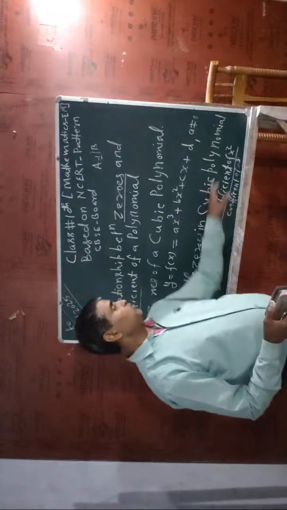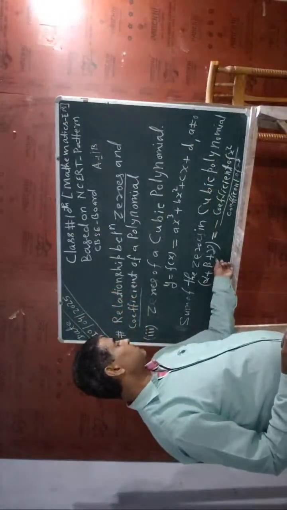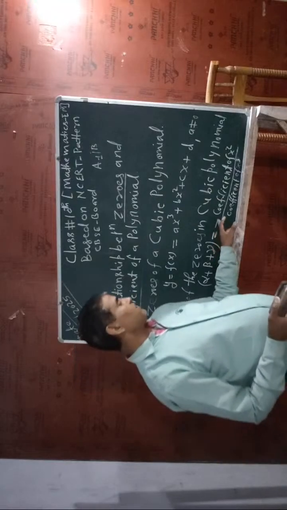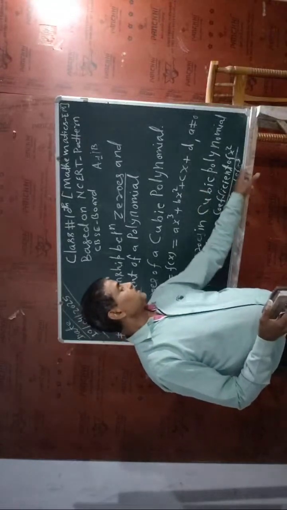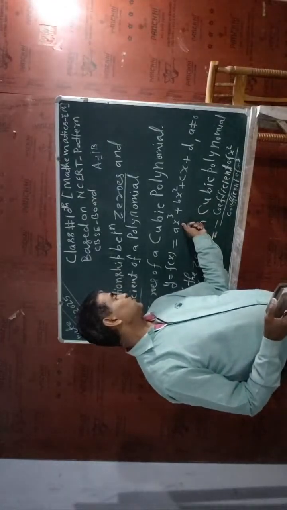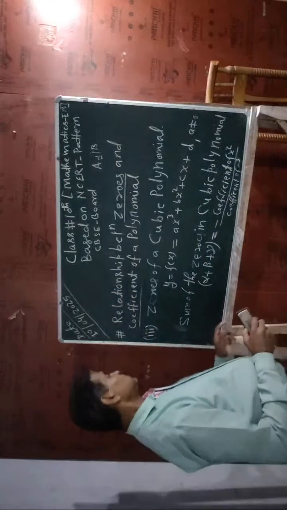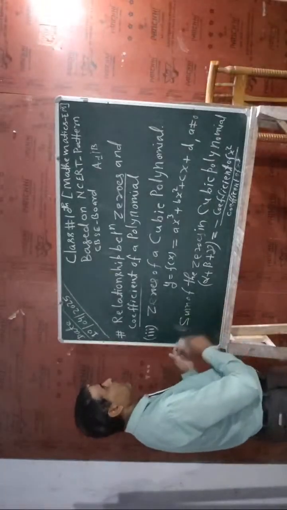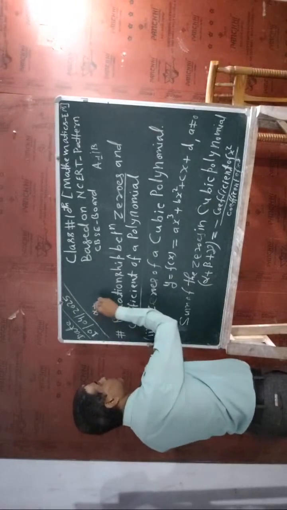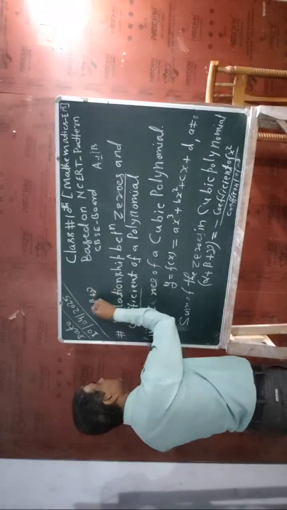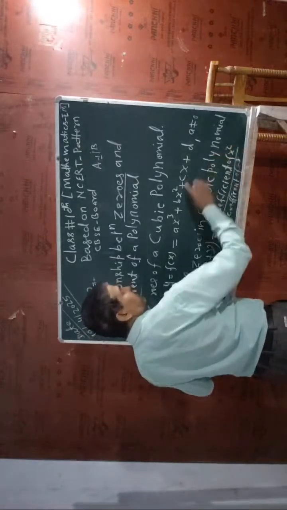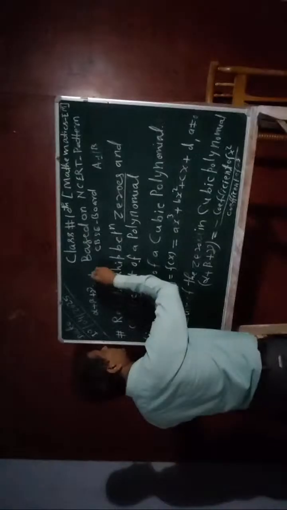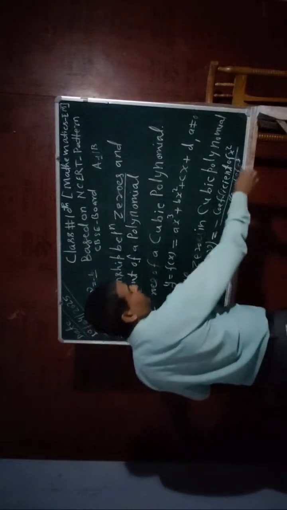A cannot be 0, but we have to get the sum of zeros of the cubic polynomial, that is alpha plus beta plus gamma, which is equal to minus coefficient of x square, here b, divided by coefficient of x cube, here a.